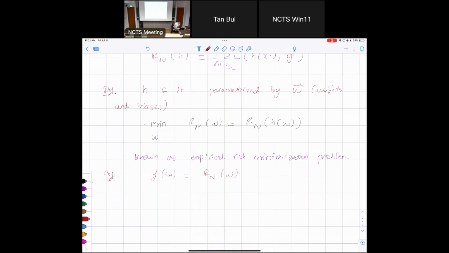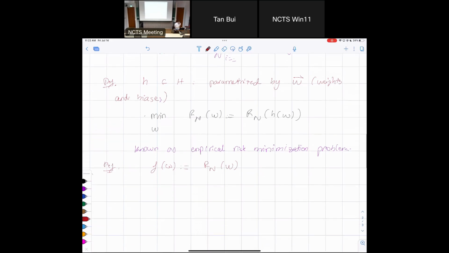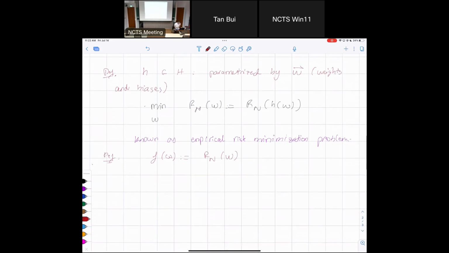The stochastic gradient descent I'm going to show you is generic for any F, and of course the risk is one of them. But instead of R_n, we just write F of omega, where F of omega is R_n, the risk.